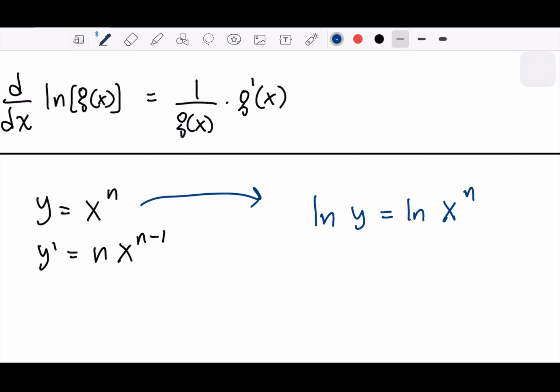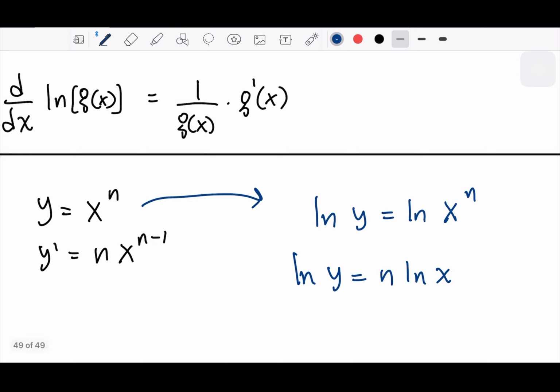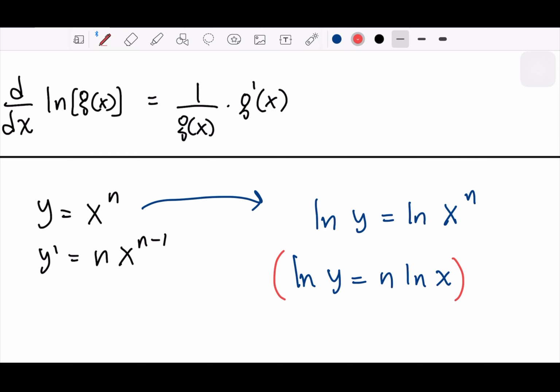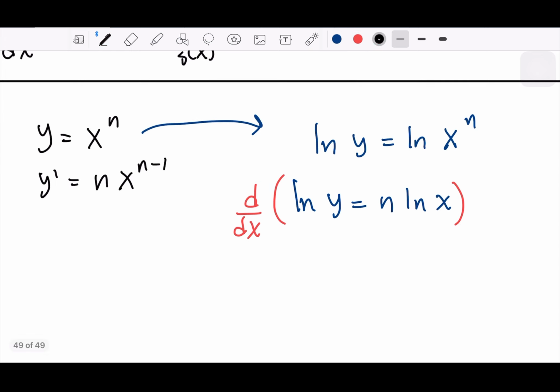So we can have ln y equals n ln x. And then if we derive, ln y becomes 1 over y and then dy over dx, right? So 1 over y dy over dx equals n, just a constant n, right? And then 1 over x.